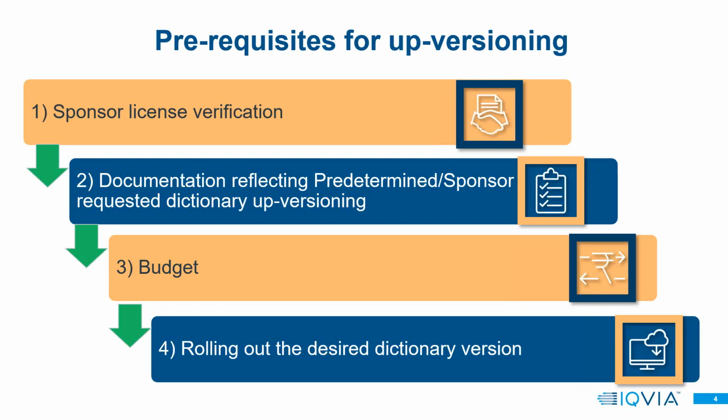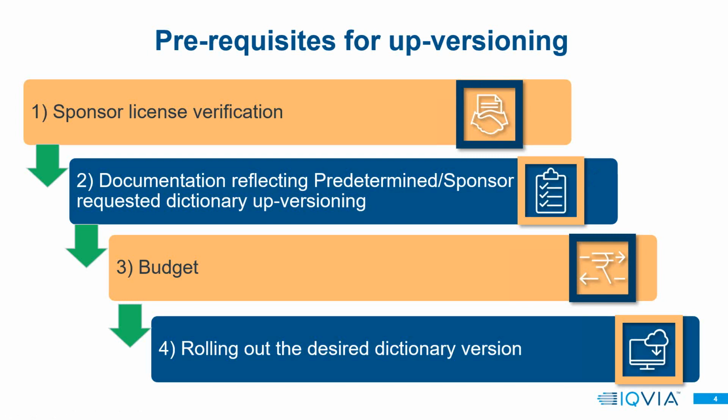Second is documentation. So upversioning in IQVIA is always based on sponsor's requests. So there should be documents reflecting that the sponsor has requested this upversioning, either on an ad hoc basis or if this is something that is predetermined at the start of a study. So if this is established at the start of the study, we have documents in place that document all this information.